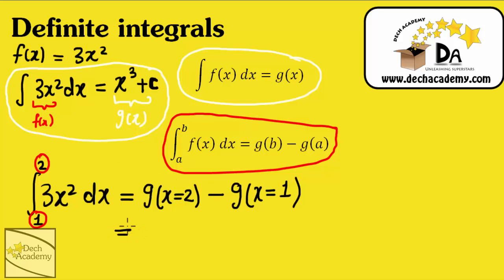In our case, g of x is x cubed plus c. So replacing x with 2 in x cubed plus c gives 2 cubed plus c. And we have this minus the indefinite integral g of x when x is 1. So replacing x with 1 gives 1 cubed plus c.